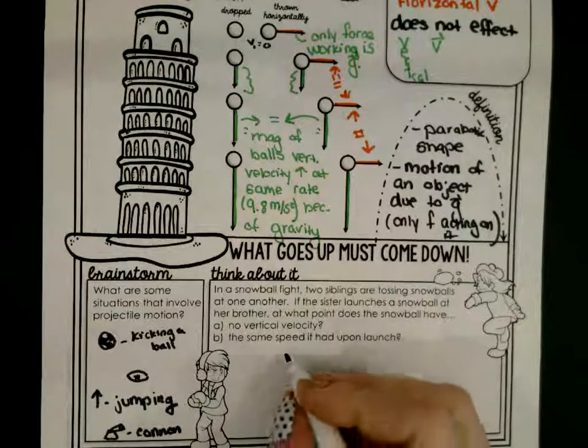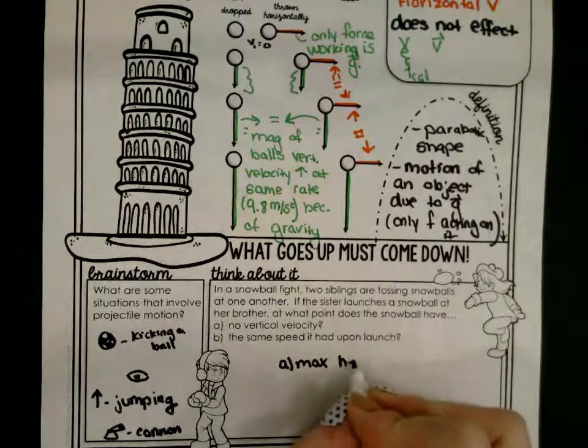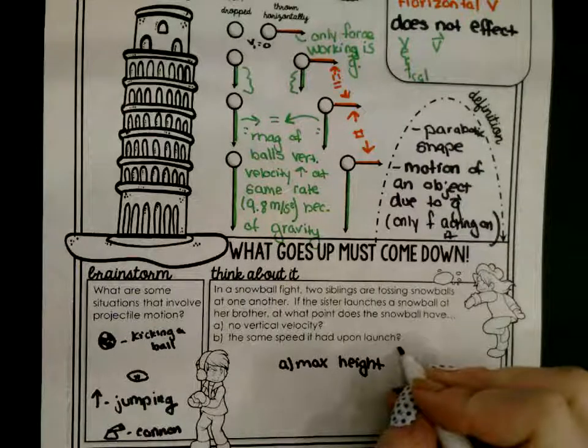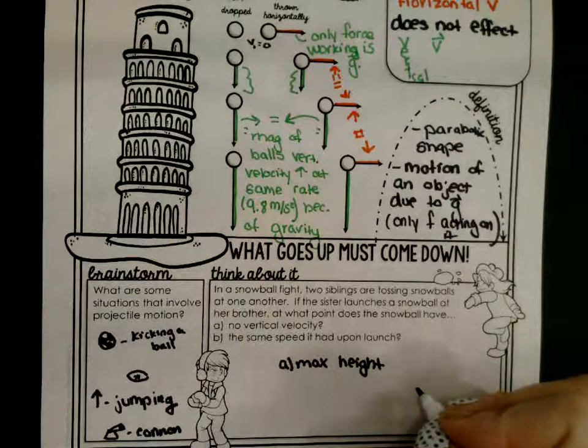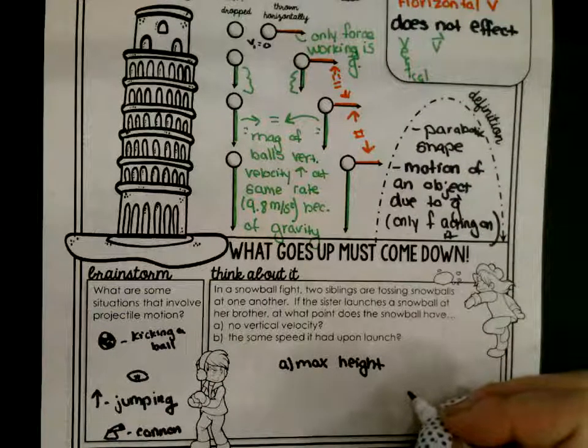And it's going to have no vertical velocity at its max height. Remember, we used that before. We said that when we dropped something or when we threw something straight up, right before it started heading back down, it had a velocity of 0. And we used that before to plug it into our problems.